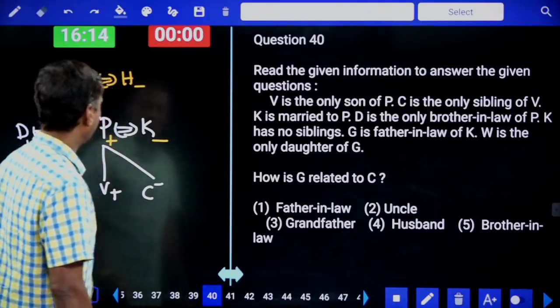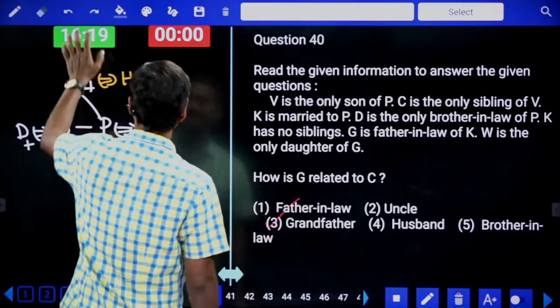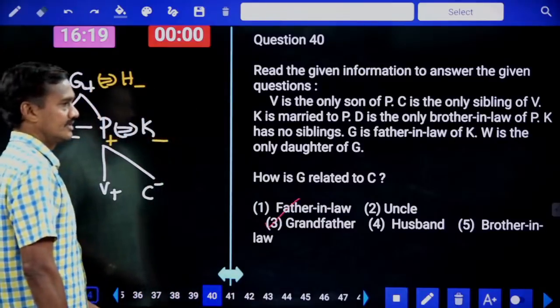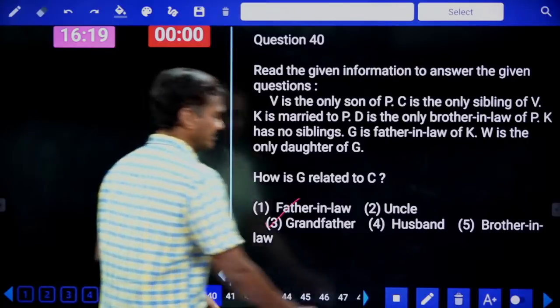Now in this, how is G related to C? C is father's father. Father's father is grandfather. Grandfather, that is choice 3. Now with this we have done with our reasoning part.